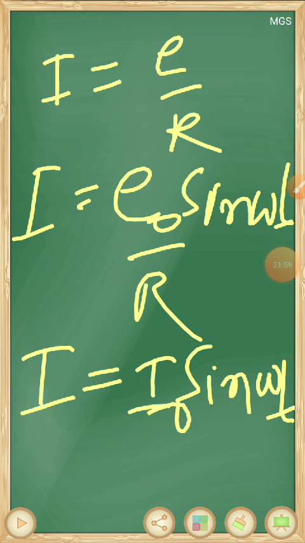So this gives the expression which represents the instantaneous value of alternating current that is produced or induced in the coil of the AC generator. So this is how the AC generator functions.